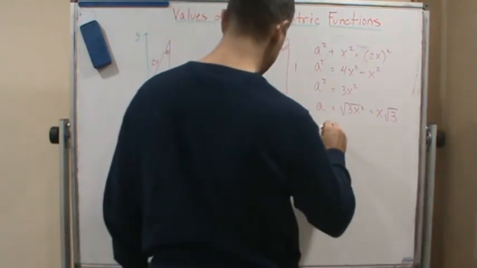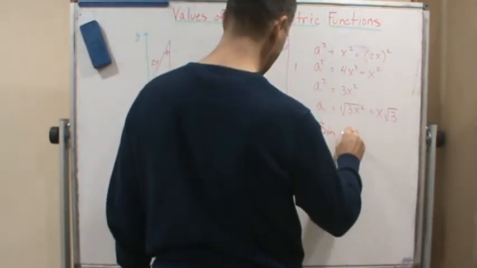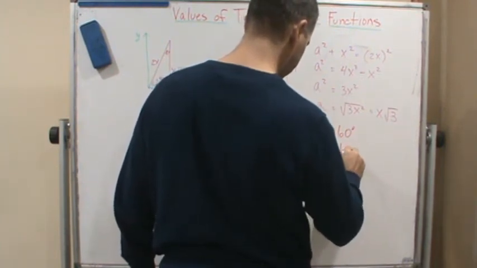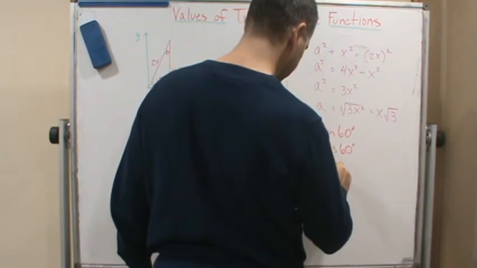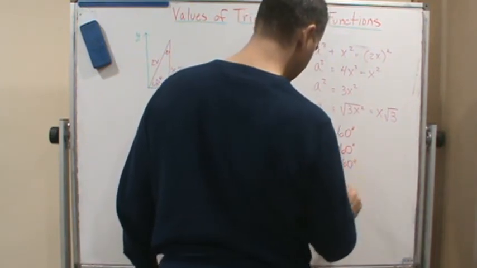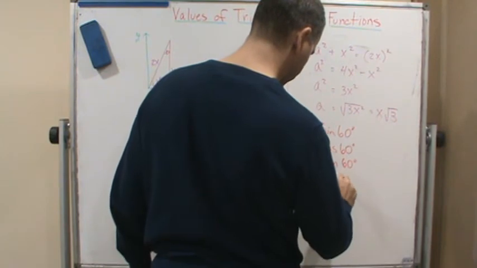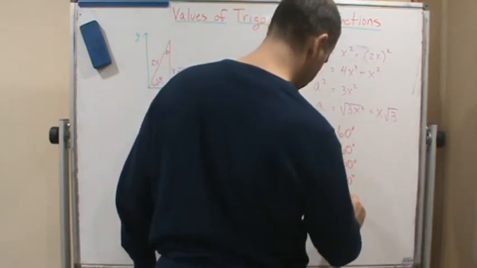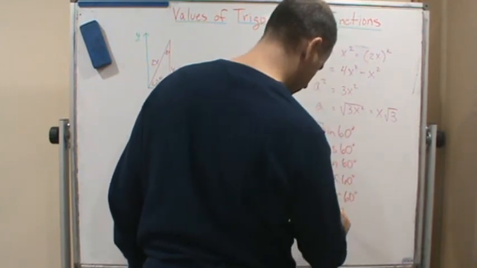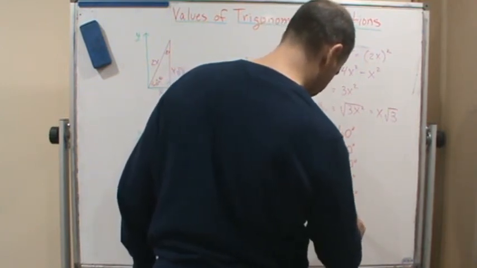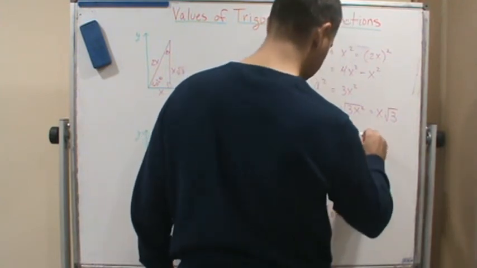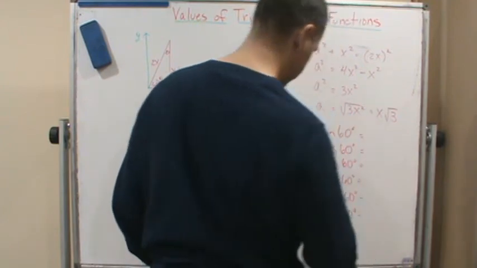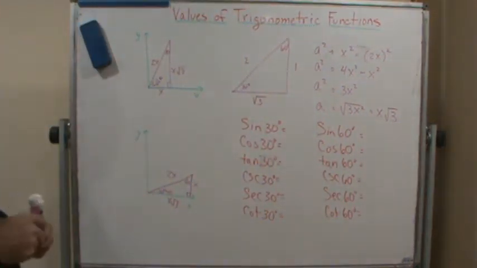And then of course I've got sine 60 degrees, cosine 60 degrees, tangent 60 degrees, and then cosecant 60 degrees, secant 60 degrees, and cotangent 60 degrees.